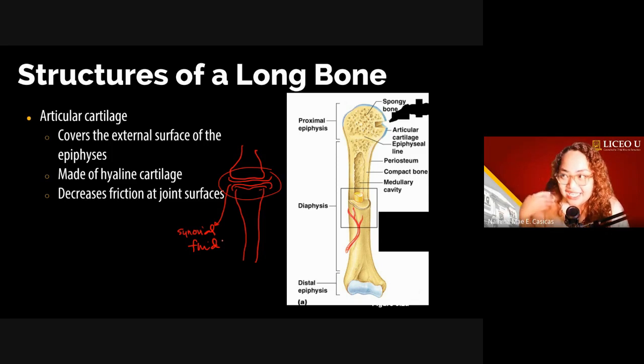It means nag-inflame na ang joint, it has been through arthritis, and then there is overproduction of synovial fluid, and at the same time the presence of pus. So importante ang synovial fluid, and as you age, gakahinay na siya o kakawala. So mao nang mas prone jud ang mga people of old age to arthritis.